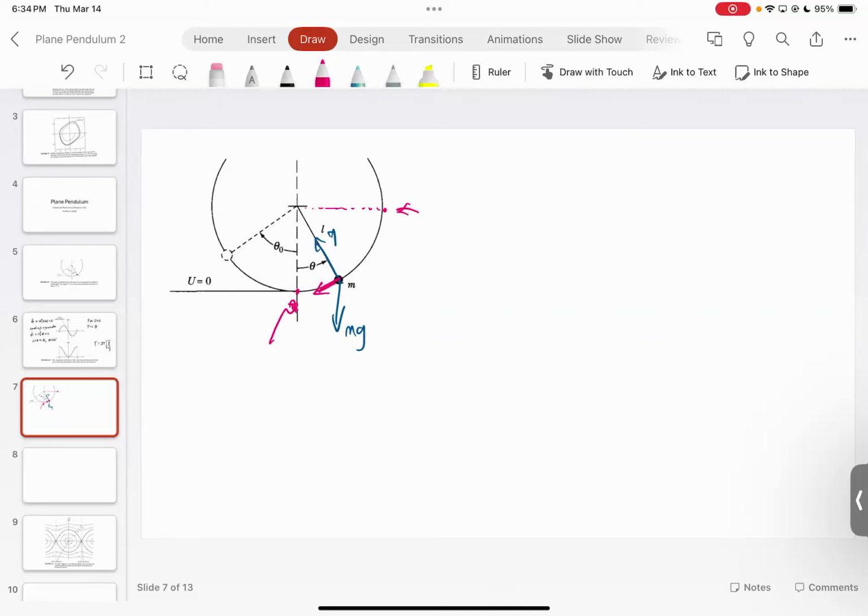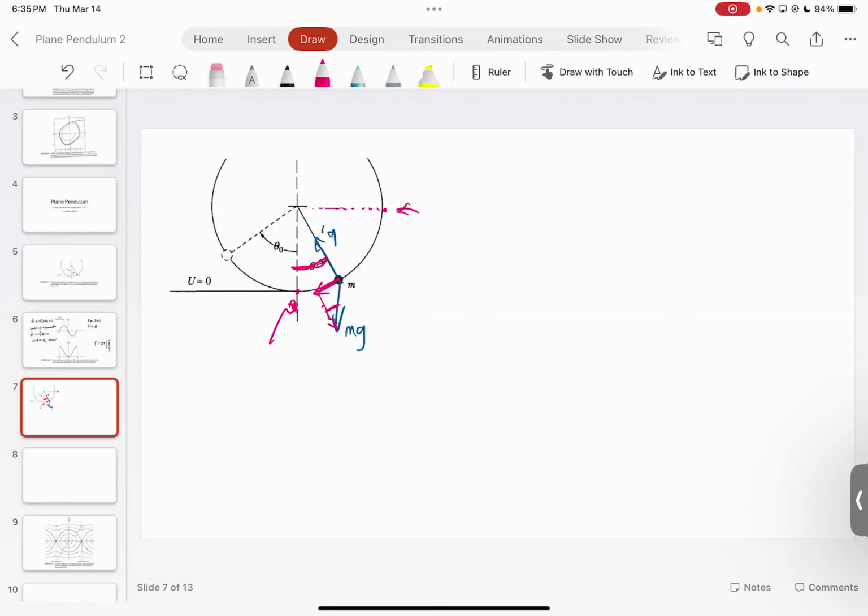And makikita nyo since perpendicular yung tension dun sa force na yan, walang contribution yung tension. Now, yung weight is the force that causes the circular motion, pero it's not the whole weight but only a portion of the force. Component lang ng force. So if this is angle theta, ito yung angle ng theta.